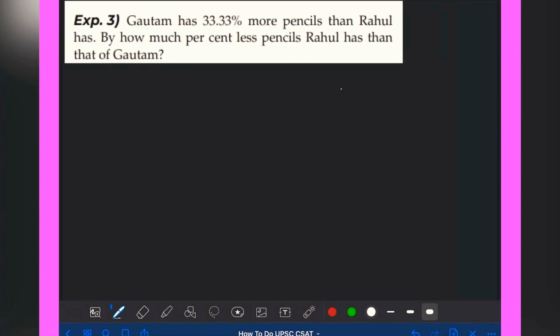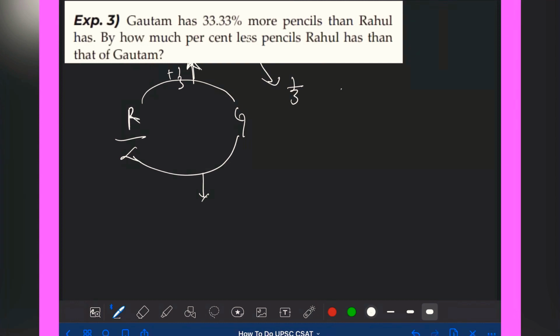So Gautam has 33.33% more pencils than Rahul has. By how much percentage fewer pencils does Rahul have than Gautam? So Gautam has 33.33%. This is 1 by 3. He has 1 by 3 more pencils than Rahul. There is an increase of 1/3, and we want to bring it back to the original, Rahul.